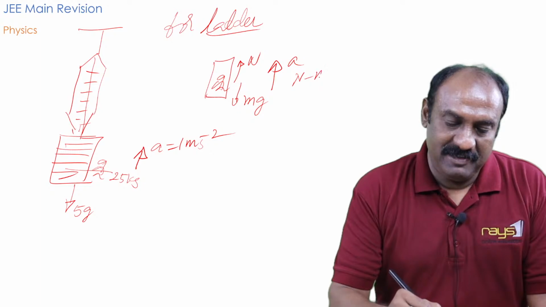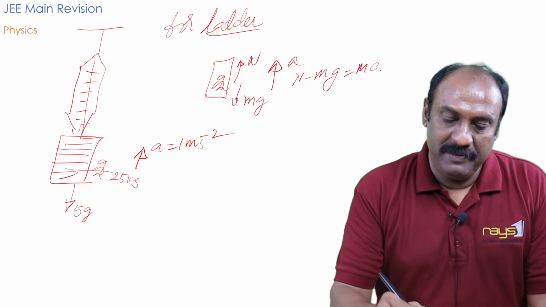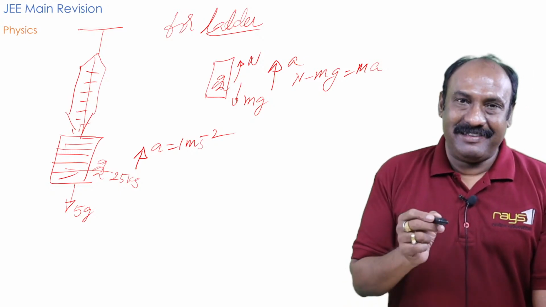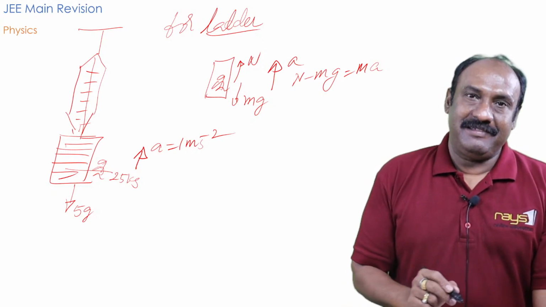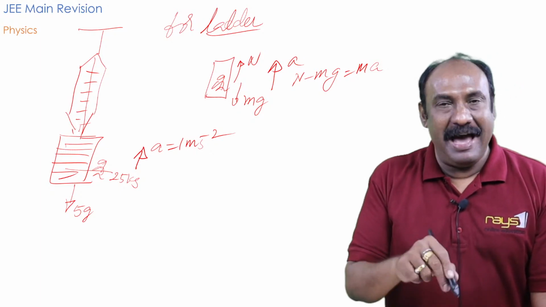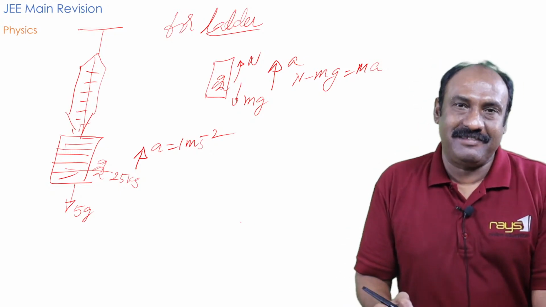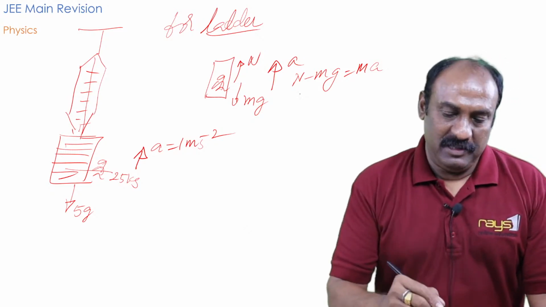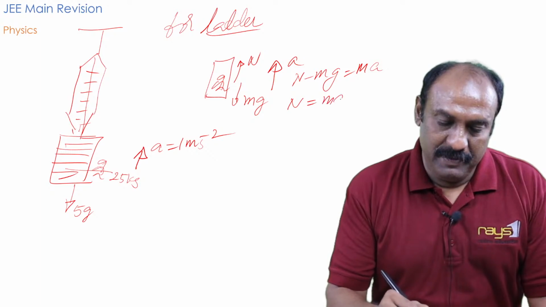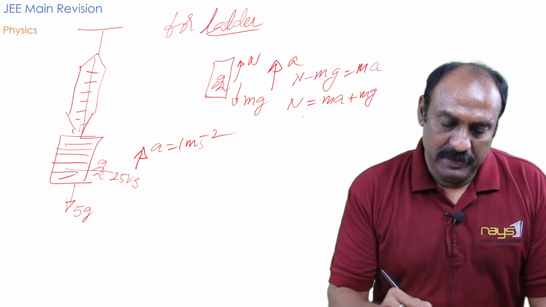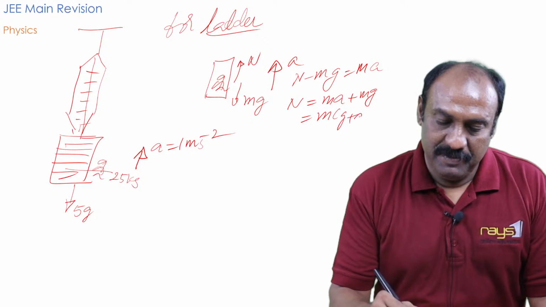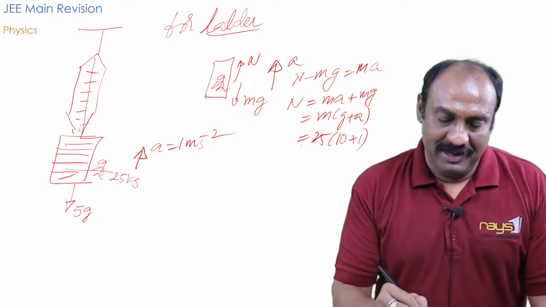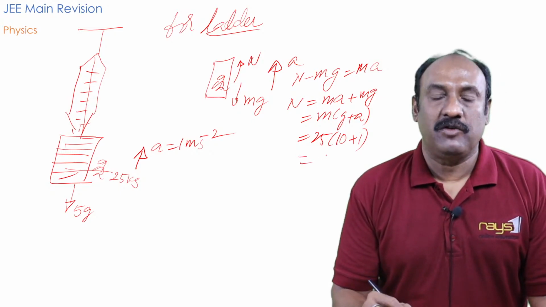N minus mg is equal to ma. That is the normal reaction exerted by the ladder on the man, and by the man on the ladder, in the opposite direction. Therefore, N is equal to ma plus mg, that is equal to m into g plus a. The m value is 25, g value 10 plus 1, that is 11 into 25. 11 into 25 is 275.